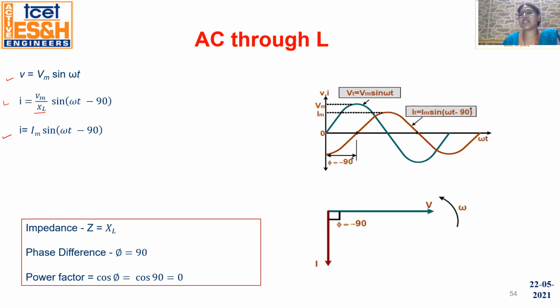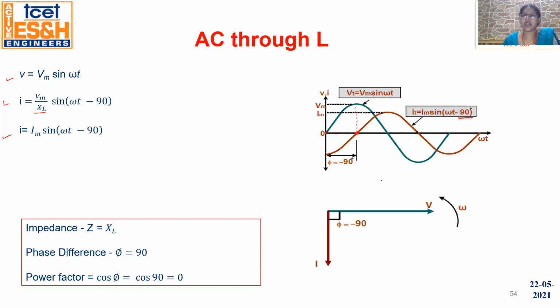Now the current has a lag of 90 degrees, so the current starts after 90 degrees. This is the 90 degree phase shift. See, current is starting from here. This is the waveform of current when only a pure inductor is present in the circuit.